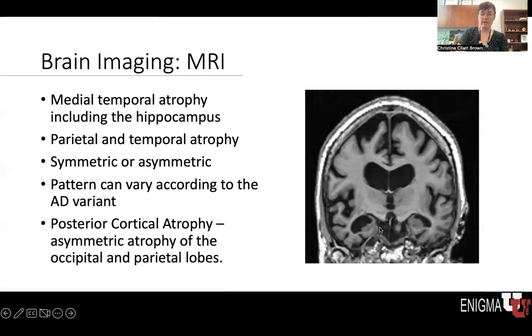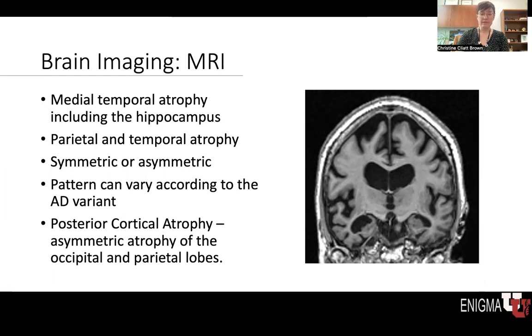You can generally see that this middle part of the temporal lobe on the right side just looks really shrunken compared to the one on the left side. Another thing we see as the disease progresses is atrophy in other parts of the brain, the other parts of the temporal lobes and the parietal lobes as well. You can also get atrophy in the frontal lobes.